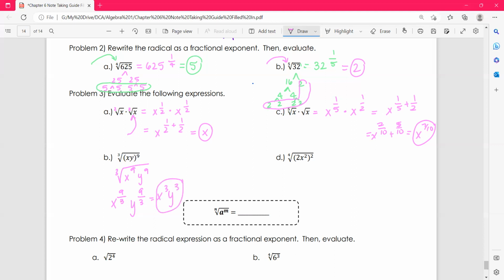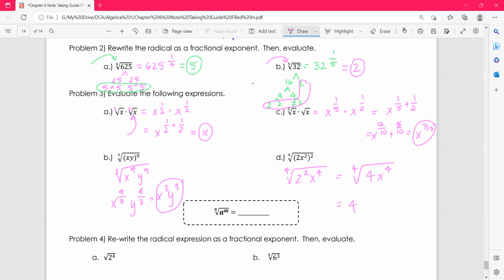Okay, same thing, let's check out D. I'm going to distribute that exponent of 2 to everything. So I've got the 4th root of 2 squared, power to a power, remember we multiply. I'm going to do 4th root of 2 squared, that gives me 4, x to the 4th. And then I've got to rewrite this in fractional exponent form.